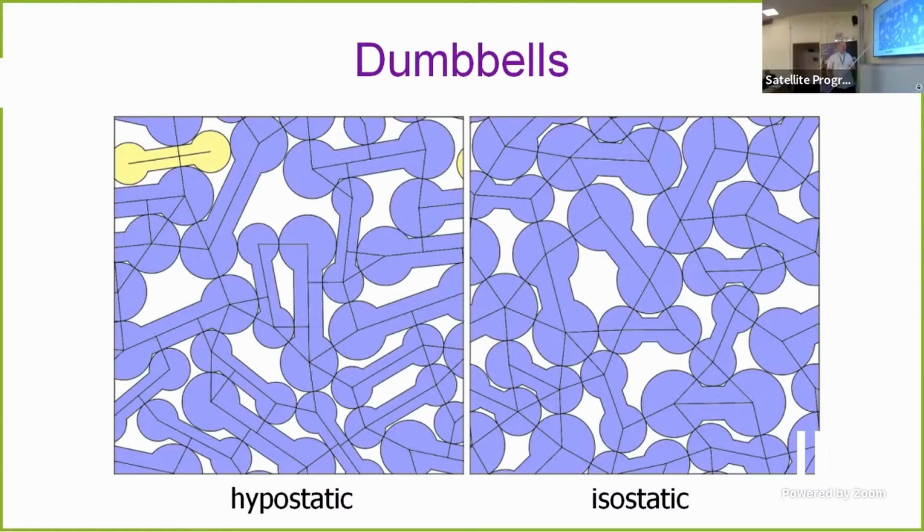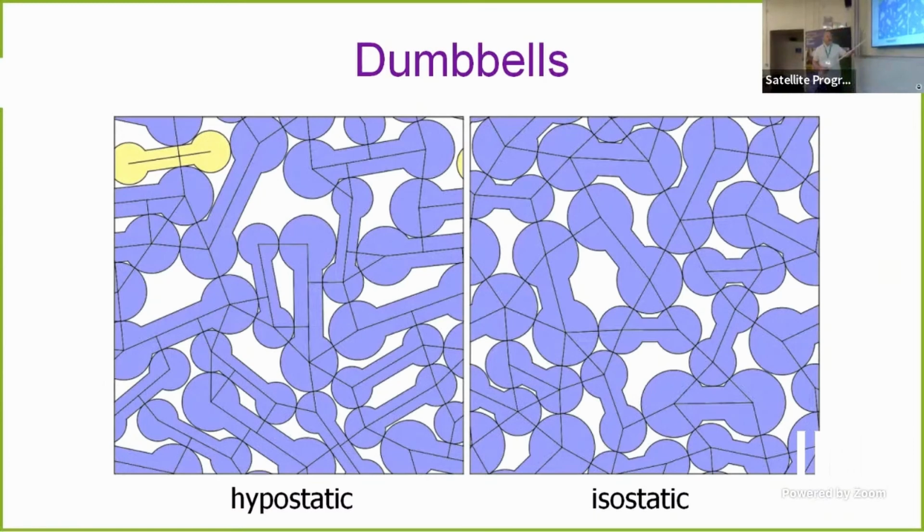Now we can make a distinction. On this side, when these two guys are touching, this is not a contact. It cannot reach that portion that's not built by circles. So everything that it can reach is built by circles, and if everything that it can reach is built by circles, it's isostatic. And that's what we have here.